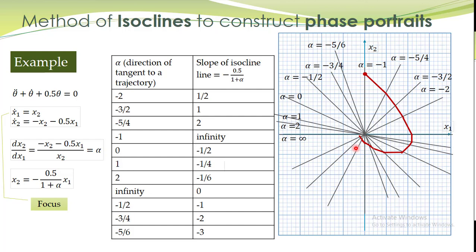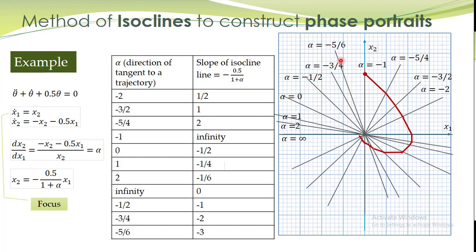So yes, you can also proceed here. It will be a growing curve. So over here, we are not sure whether this is a stable focus or unstable focus. Why? Because the direction of arrows is still not known. What is direction of arrow? That is not known. So we are not sure whether it is a stable focus or unstable focus.